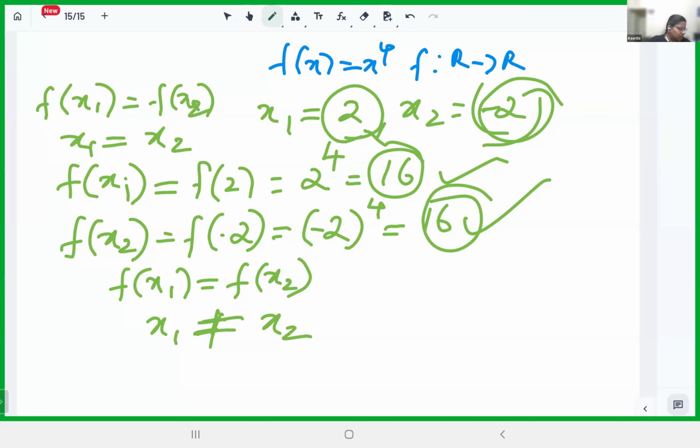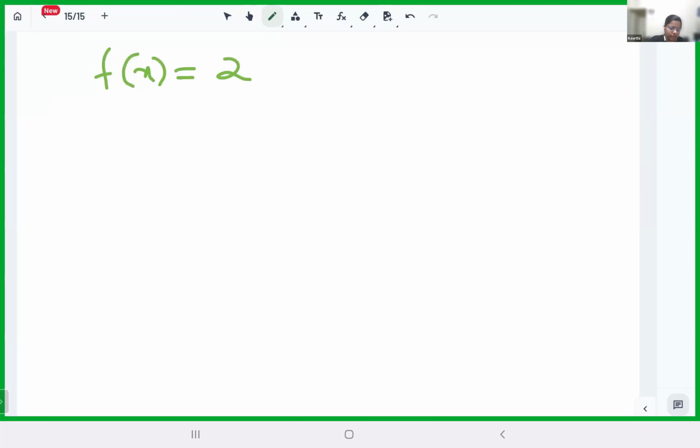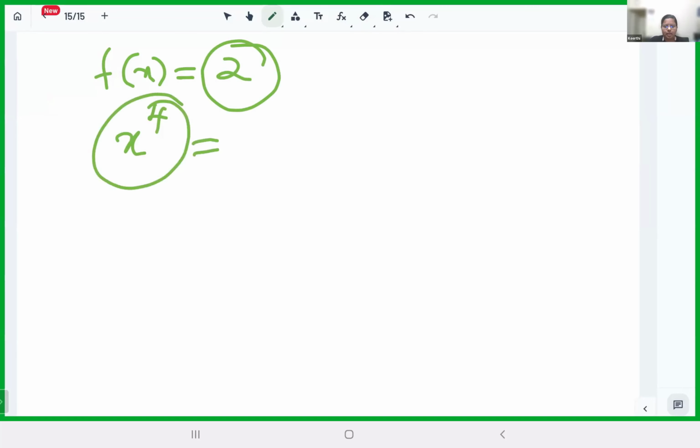Now, how will you check onto? It is not onto. Let f of x be equal to 2. Can you find an x value for which f of x becomes 2? That is, is there any x that satisfies the condition x raised to 4 equal to 2?